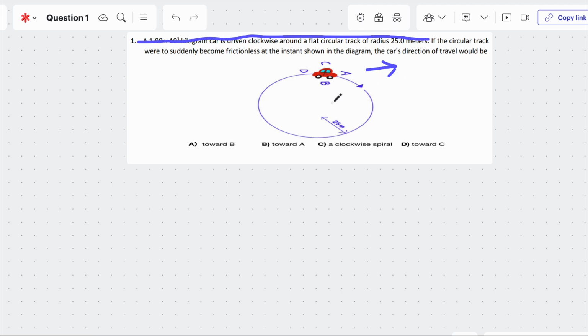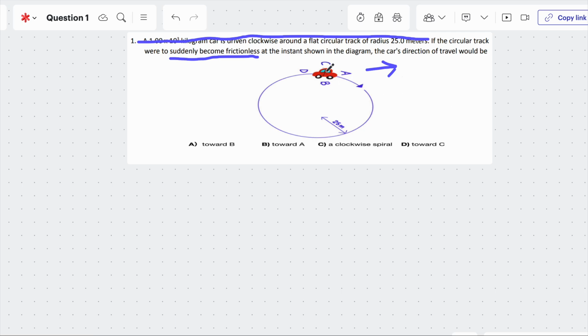So basically, what we know, this car can turn in a circle because it has friction. In this problem, it's saying if it suddenly became frictionless, what direction would it go in? Basically, it's asking us to find the velocity vector. We can sort of think of this as if this car suddenly stopped turning and just went straight, what direction would it go in?